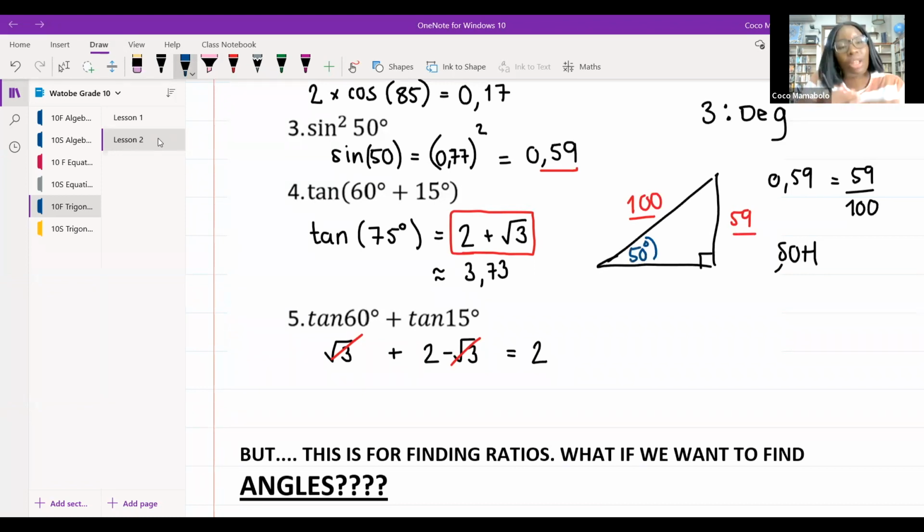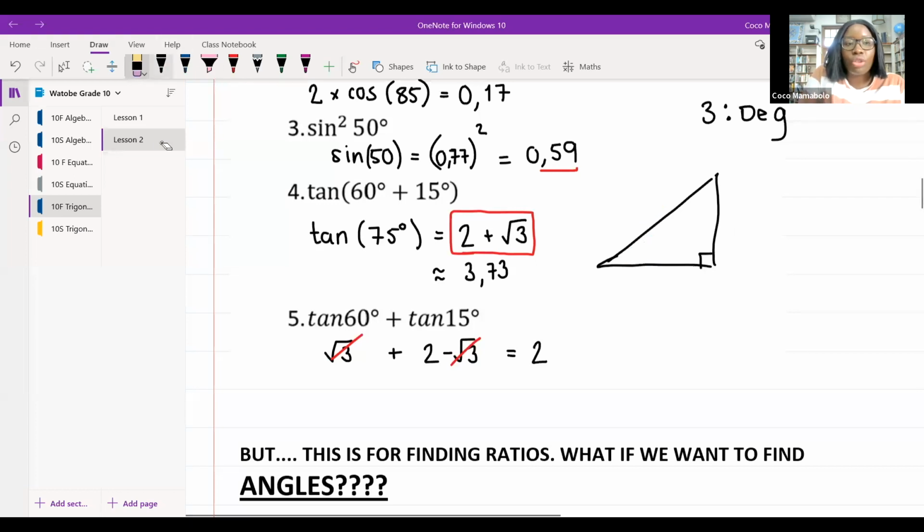Your calculator will tell you the answer. Think about the one that we just did where you said that sine of 30 is equal to a half. Now if I said to my calculator, sine of theta is equal to a half, what my calculator says is, okay, she's looking for the angle over here, theta.